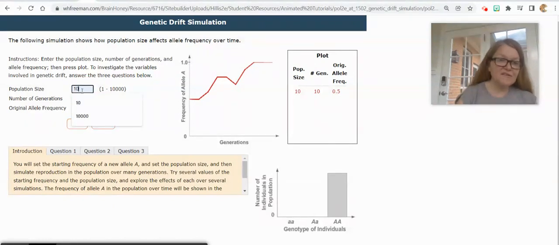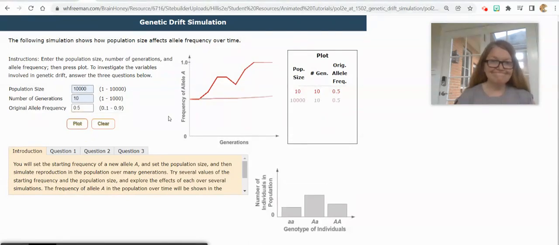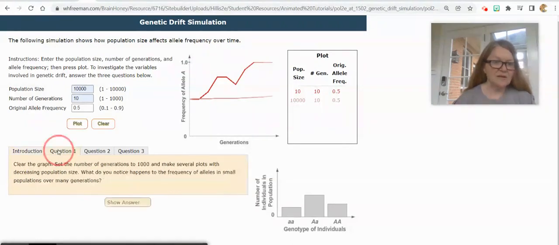Now, if we increase our population size again, you have less genetic drift. You have just a very stable population. So it gives us question one. It says clear the graph and then set the number of generations to 1,000 and make several plots with decreasing population size.